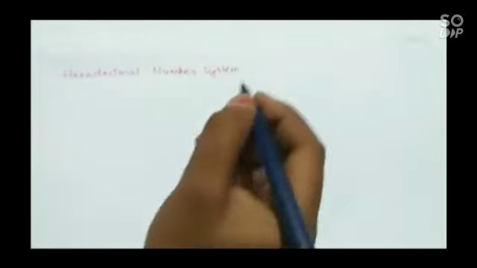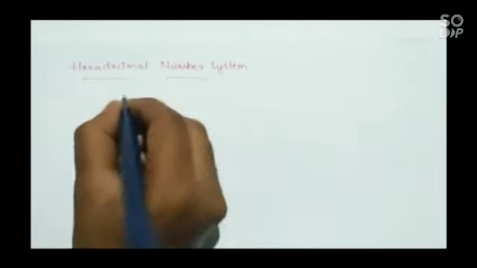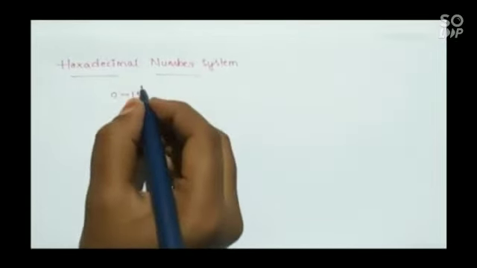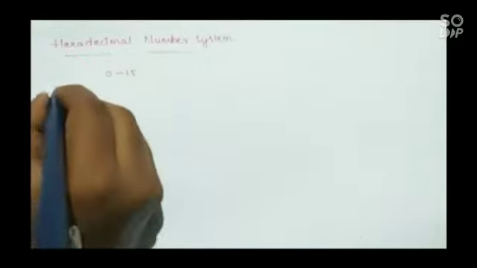And at last we will see the hexadecimal number system. We have values from 0 up to 15, and in hexadecimal it is base 16. And hexadecimal to binary.